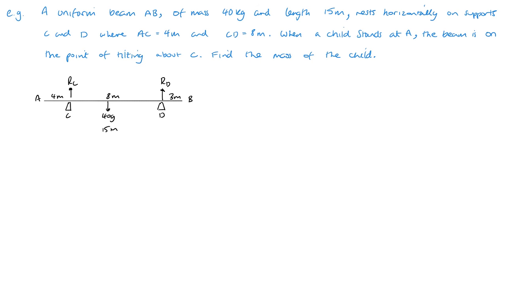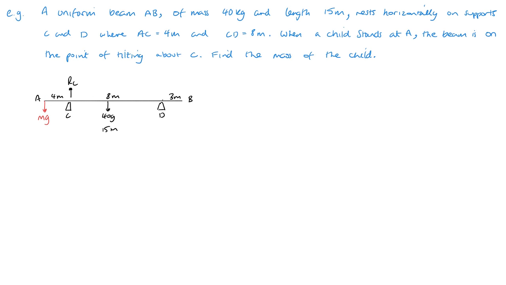When a child stands at A, the beam is on the point of tilting about C. Find the mass of the child. So a child stands here at A, and we'll call the weight mg, and it's about to tilt. So now we can get rid of this normal reaction at D. Now we need to find the mass of the child.